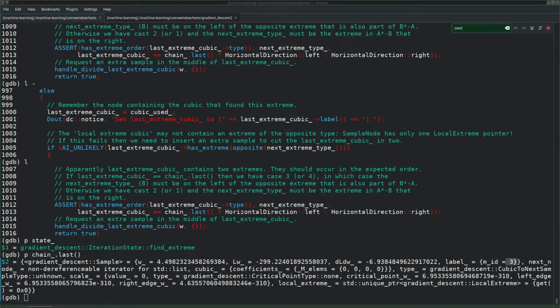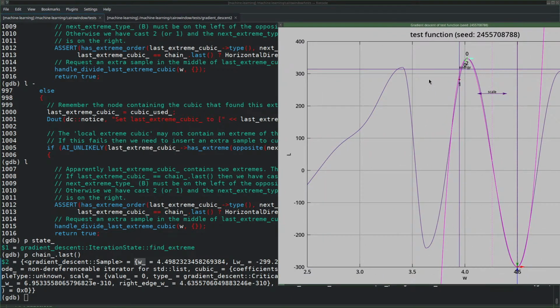At any rate, it was added. And the W value is 4.5. Yep. It's 4.5 is here. Oh, you do see the 3. The level was already added.